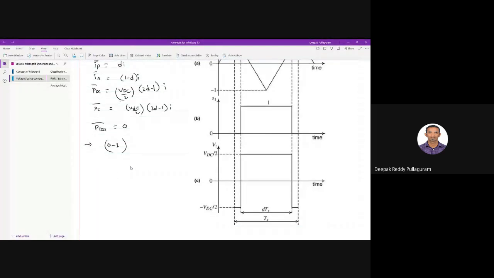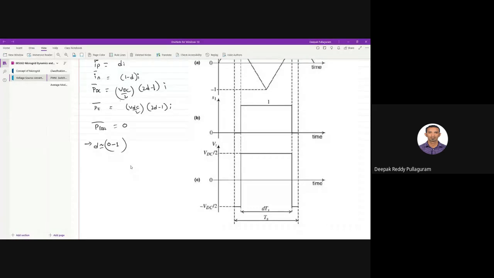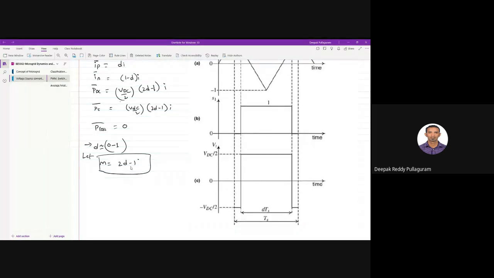Right? So D of t will be in the range of 0 to 1. If duty is 0 to 1, then if I define another variable m, which is nothing but 2D minus 1, what should be the variation in m?